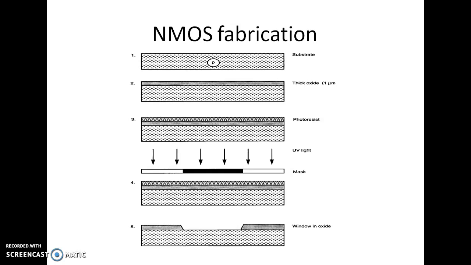Such wafers are typically 75 to 150 millimeter in diameter and 0.5 millimeter thick and are doped with, suppose, boron, a p-type impurity, to an impurity concentration of 10^15 per cubic centimeter to 10^16 per cubic centimeter, giving resistivity in the approximate range of 25 ohm centimeter to 2 ohm centimeter.